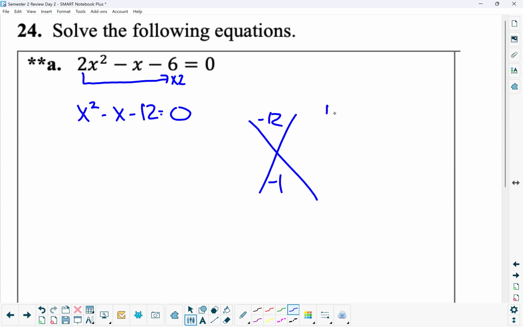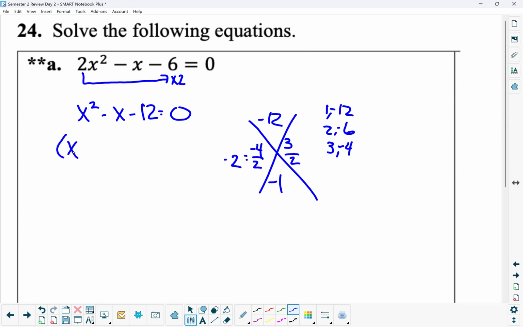Let's see, 1 and negative 12. 2 and negative 6. 3 and negative 4. There's my pair: negative 4 and 3. In order to get that pair of factors, I multiplied by 2, so now I'm going to divide by 2. Is negative 4 evenly divisible by 2? Yes, it is. Negative 4 divided by 2 is negative 2.